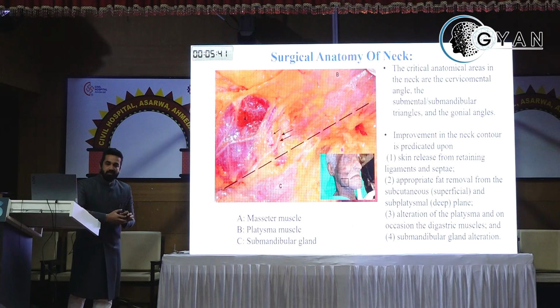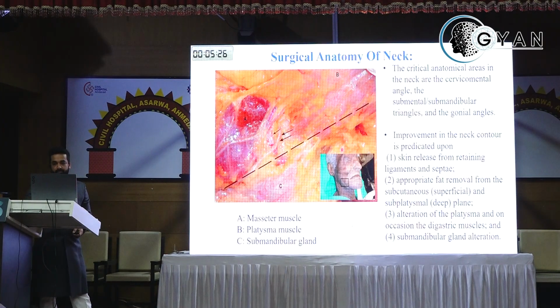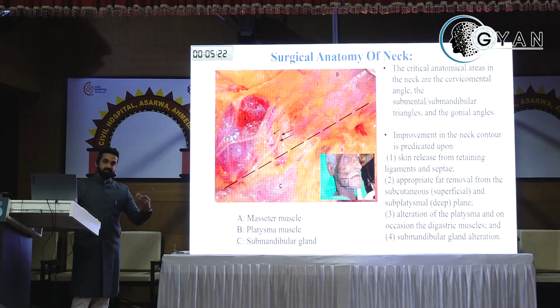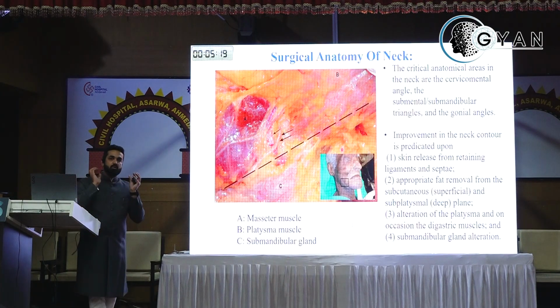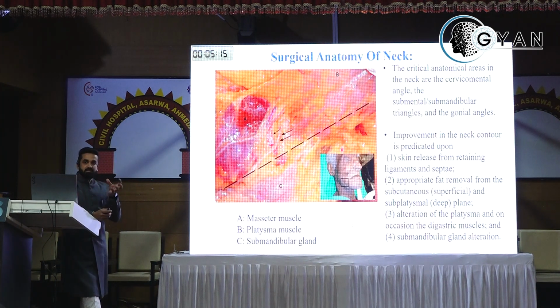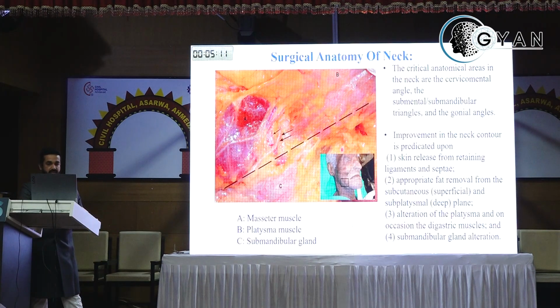Mostly what happens is there is an osseous degradation, and there is a resorption of the bone, and hence anything that drapes over a shortened skeleton would sag down, and that is why we have to go in for a level 6 dissection as well. So then of course you have to alter the platysma, and at certain areas you will see there is a popping out of glands, the glands are just kind of out of their place, so you have to tuck those glands in.